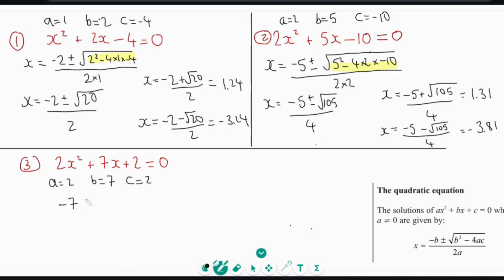So minus 7 plus or minus the square root of b squared minus 4 times a times c, all over 2a.